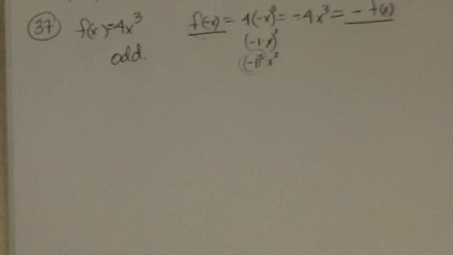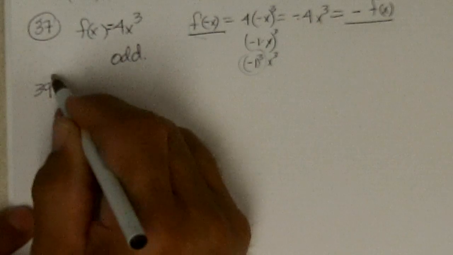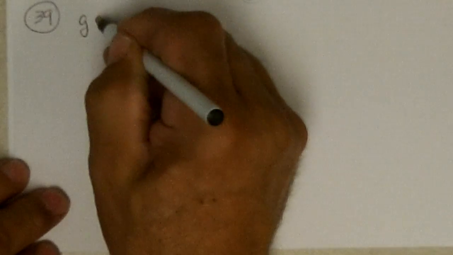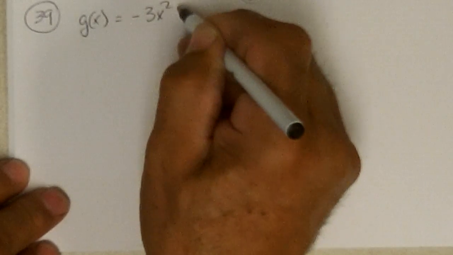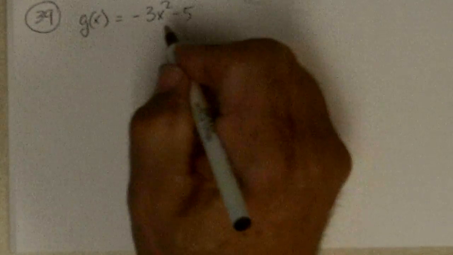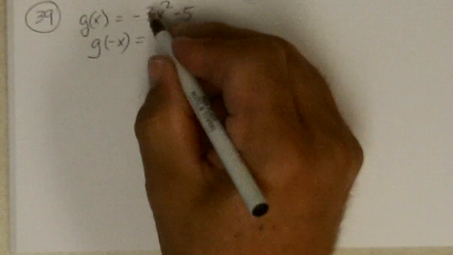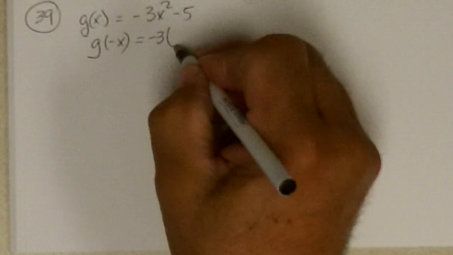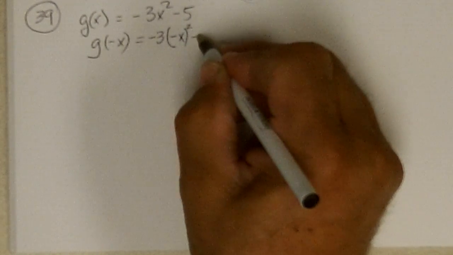37. And I think there's more of them here. 39. That people will have questions on. 39, g of x is -3x squared minus 5, and so we will again put in -x and see what happens. So g of -x will equal -3 times quantity -x squared minus 5.